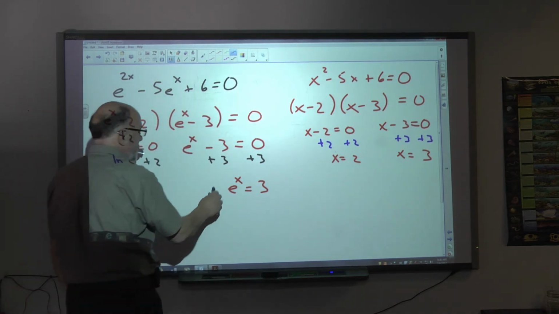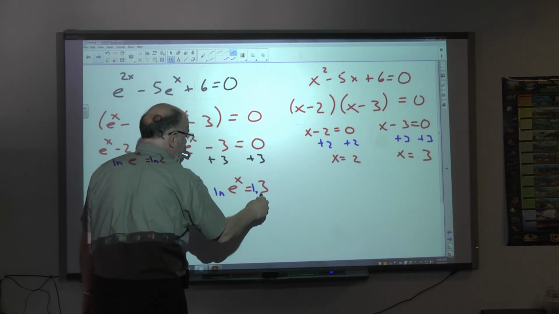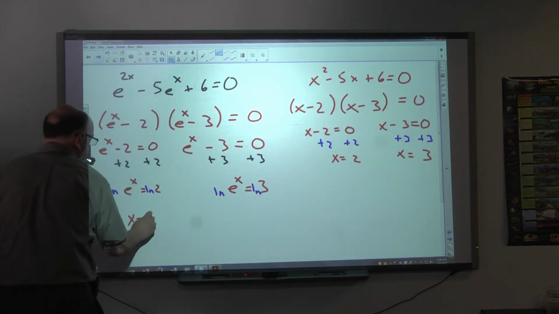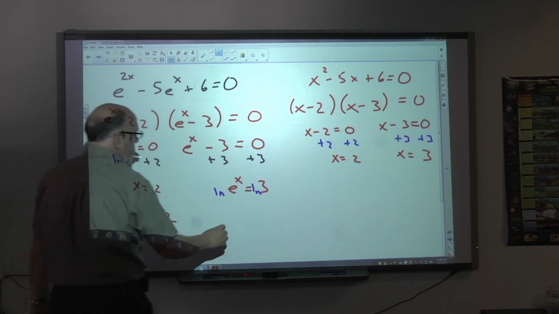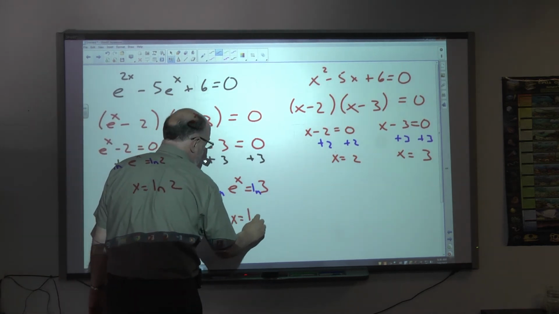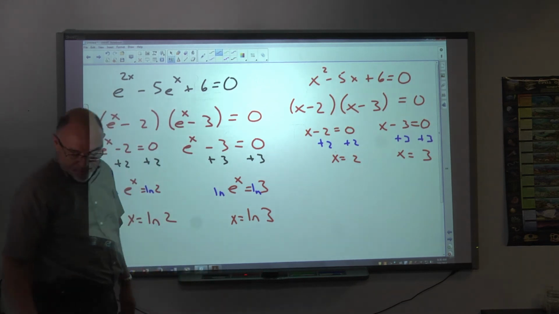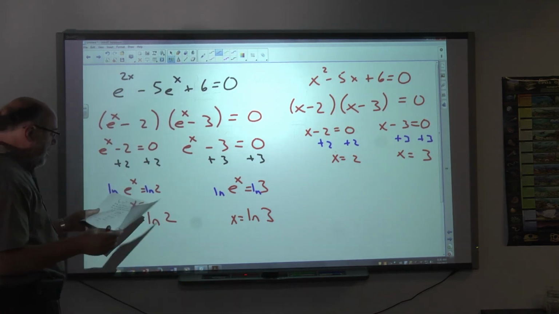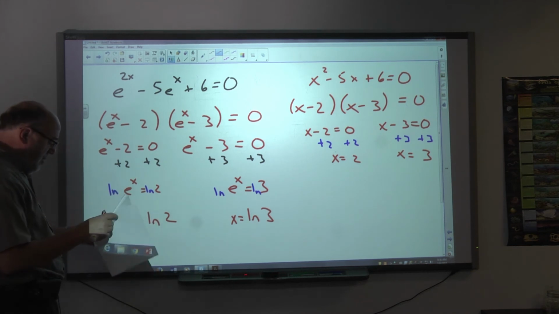And we have to do that on both sides. And so x is going to equal the natural log of 2, or x is going to equal the natural log of 3. Okay? So we get our two answers, and then we can get the appropriate decimal for that.